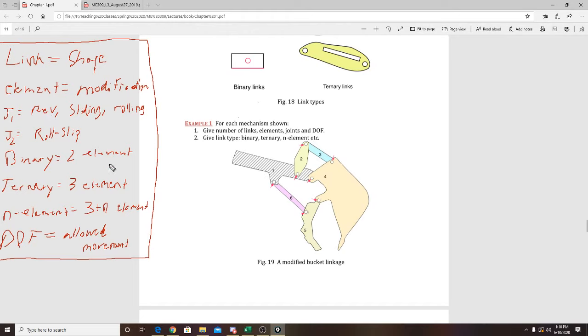How many degrees of freedom does a J1 remove from a mechanism? It removes 2, correct, Rosendo.